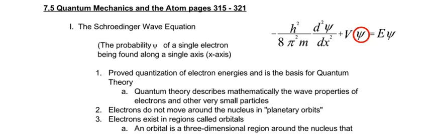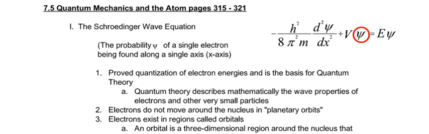Schrödinger says this is the variable to solve for the probability of finding a certain electron. He used the idea of Heisenberg's uncertainty principle and combined that. He was really a mathematician, not truly a well-known scientist. He was a true mathematician.